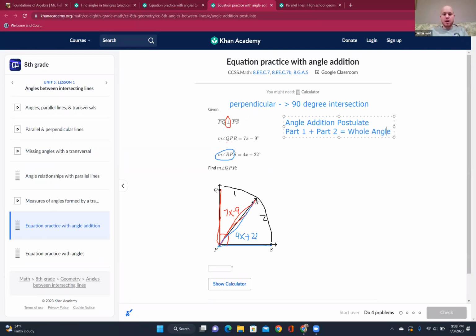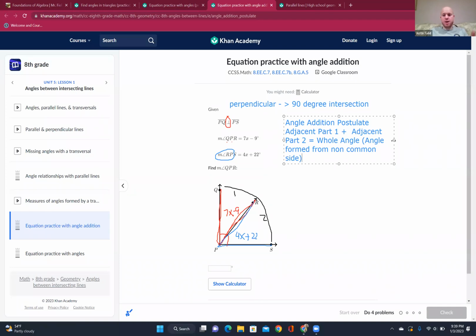Now I'm going to go back. Don't write that down yet. Adjacent part 1 plus adjacent angle formed from opposite sides, or from non-common side.